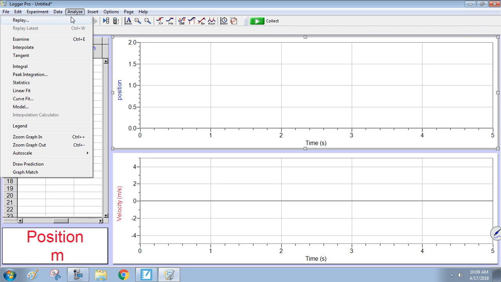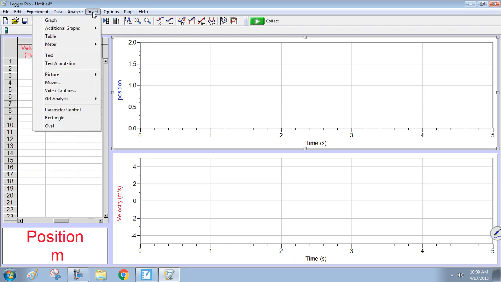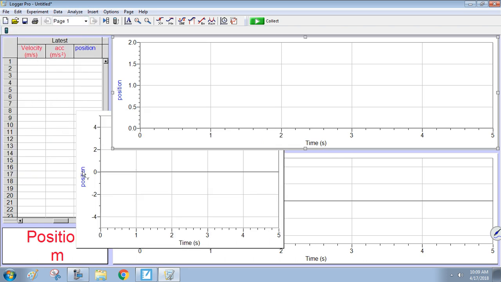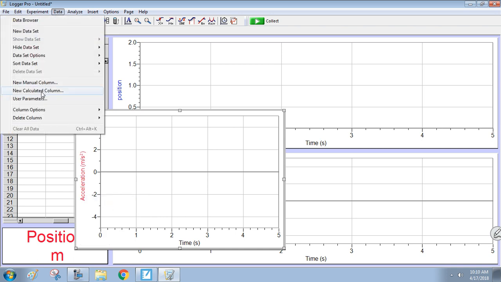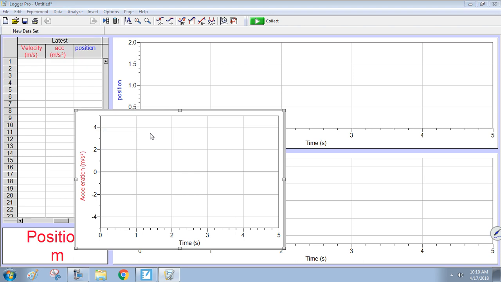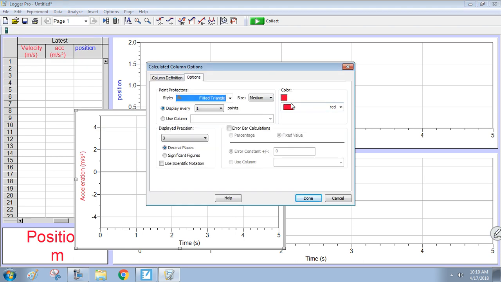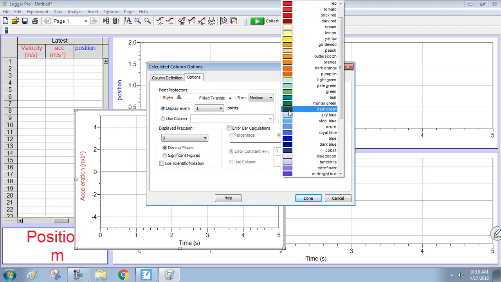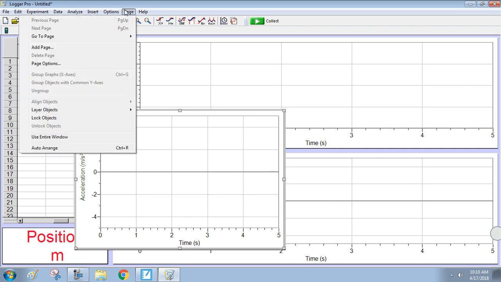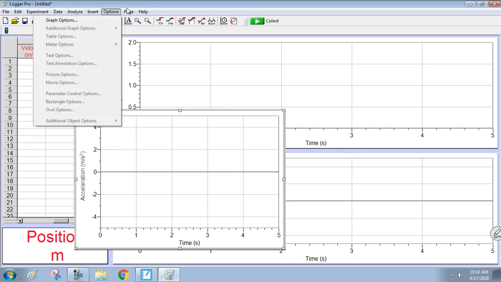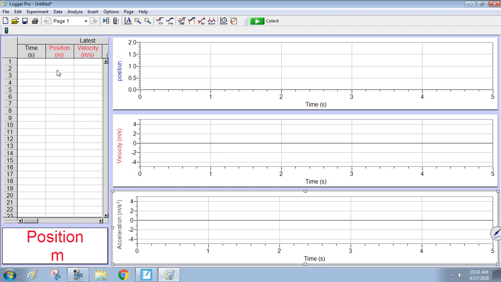Insert, additional graph. Acceleration, data, column options, acceleration, options, color, green, done. Page, auto arrange, good. All right, that's gonna have to do. Okay, so hopefully this will work. I did this really quickly.